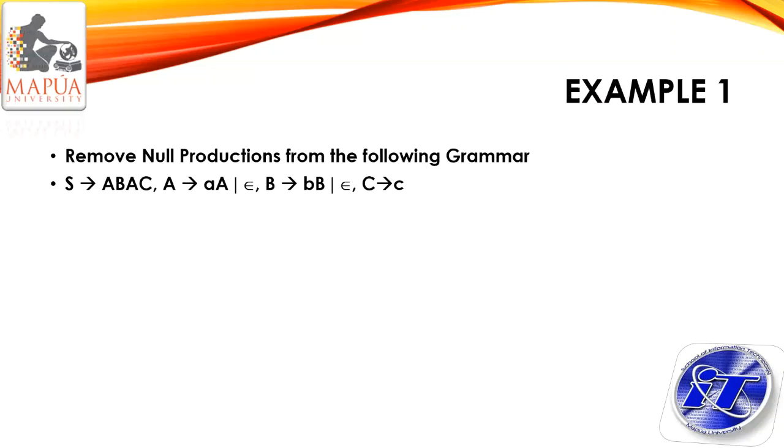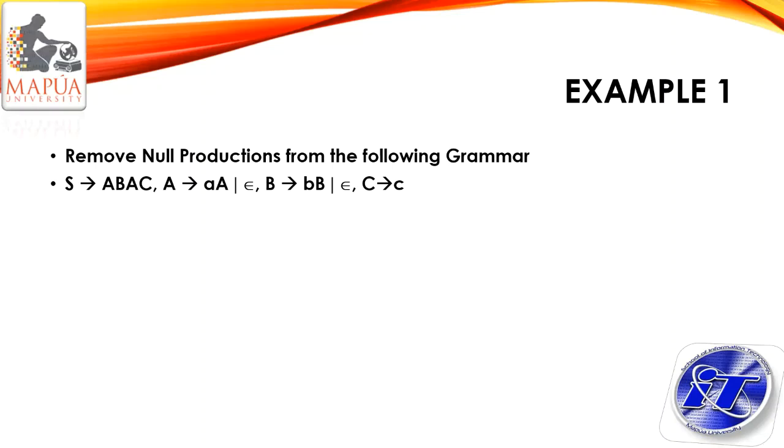So let's have this grammar that includes null production. The start symbol is S. S yields to the non-terminal symbols A, B, A, C. A yields to terminal a, non-terminal A, or null.